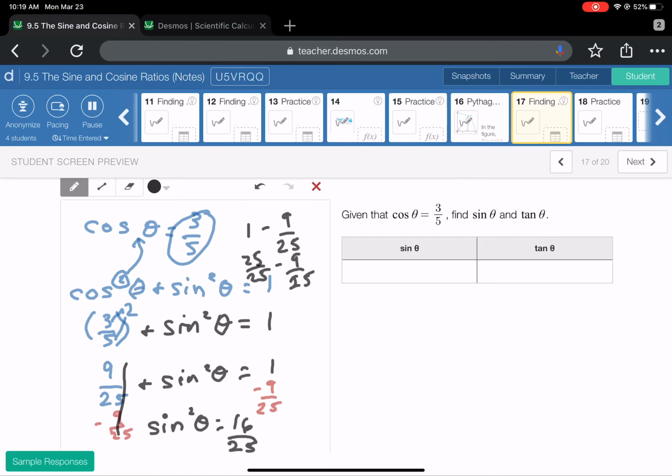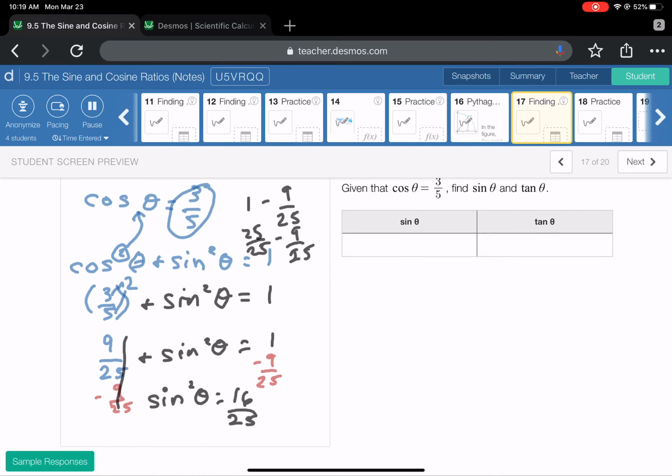All right, and because we have a squared, we have to get rid of that, and we do that by taking the square root of both sides. That's going to give us sine theta, so now the 2 is gone. This is going to give us our first value that we need, and we're just going to take the square root of each term in our fraction.